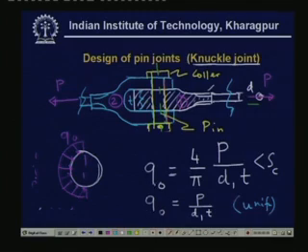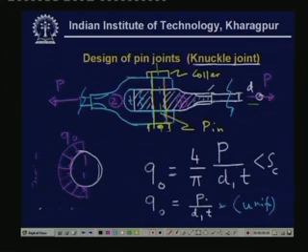If you design with that, we have a conservative design, since q naught is more than this value. If you want to select the value of D using that, you get a larger value.